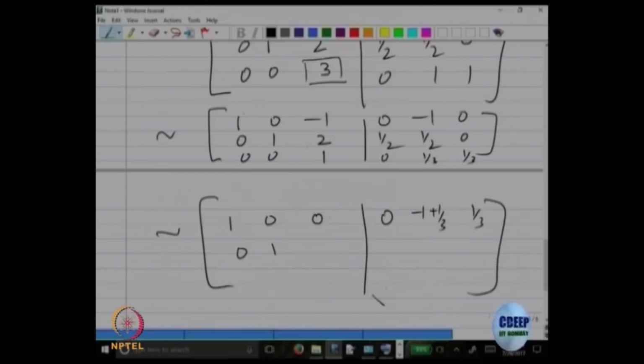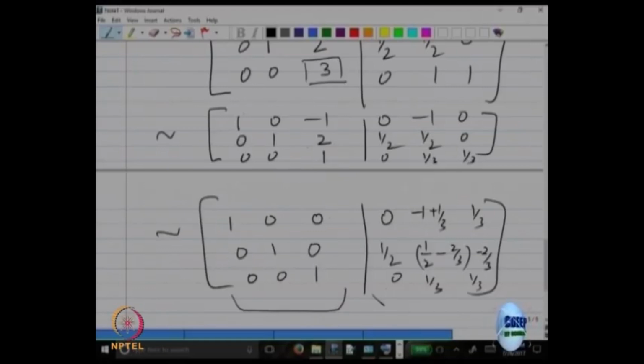So, this 2 also I want to make it 0. So, I should multiply R3 with minus 2 and add. So, this will not change. So, 1 by 2 minus 2 by 3, this part, and that will be minus 2 by 3. So, okay. The last row is 0, 0, 1, 0, 1 by 3, 1 by 3.